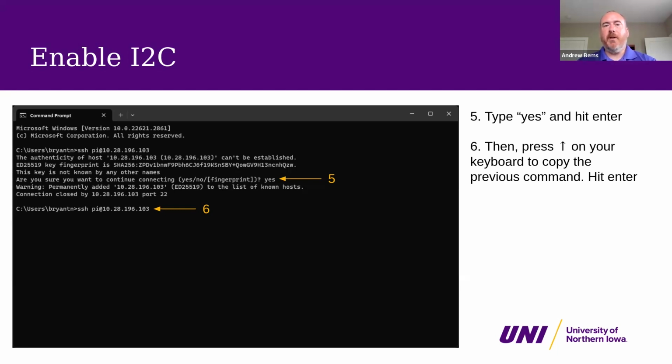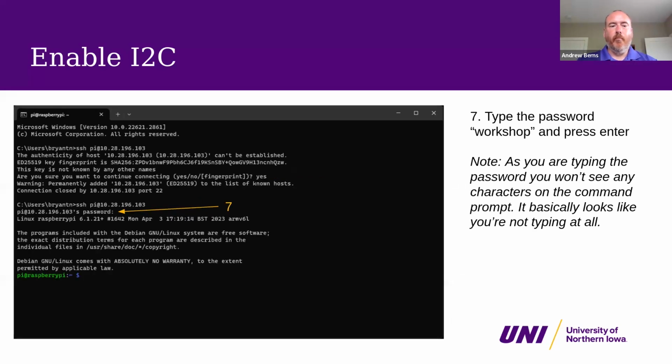If you don't want to type the whole thing again, you can just press the up arrow, and that will go through your previous terminal commands. So you can up arrow until you get to the ssh pi at 10.128 or whatever your address is. In this case, it's the most recent one.